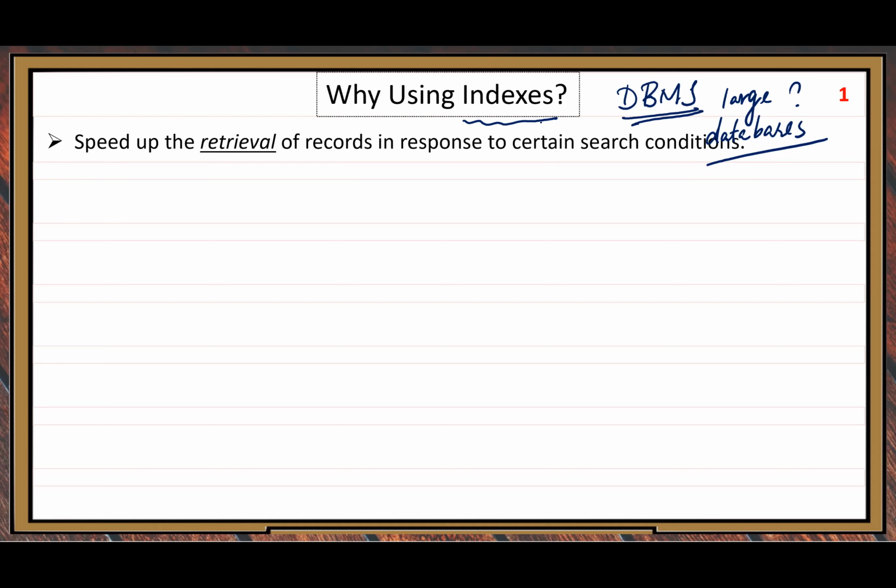We know speeding up is very important. The response time for a large database is extremely important. The question is, how do you speed up? Try a little bit. Do you have any idea how to make the search faster?